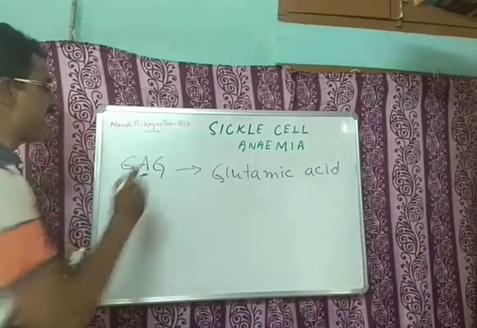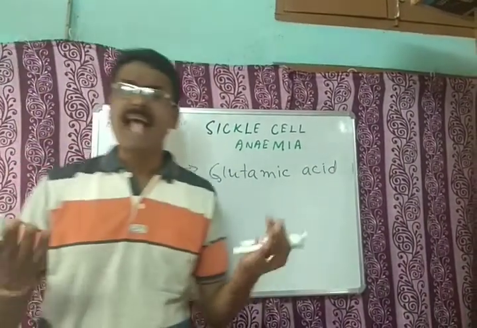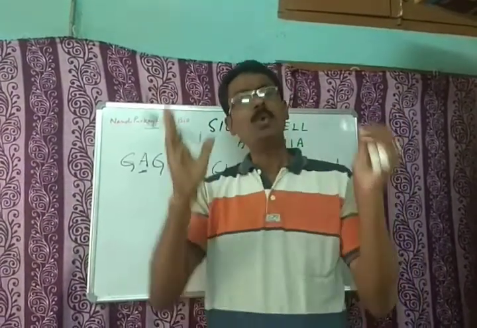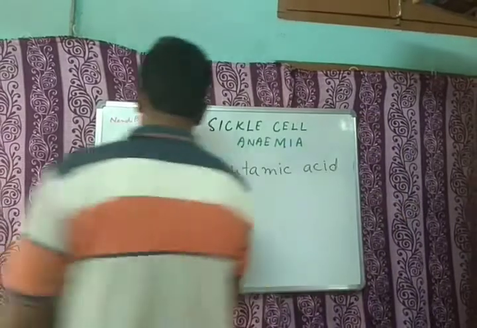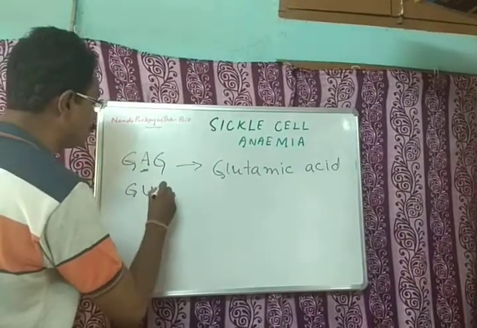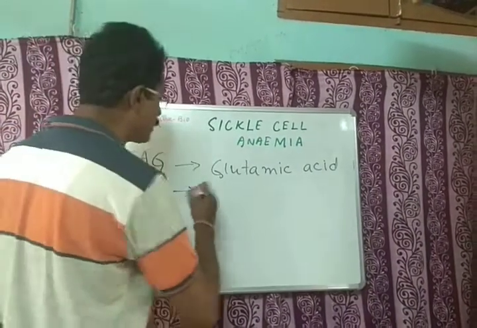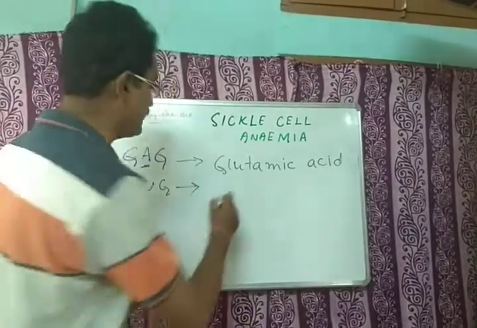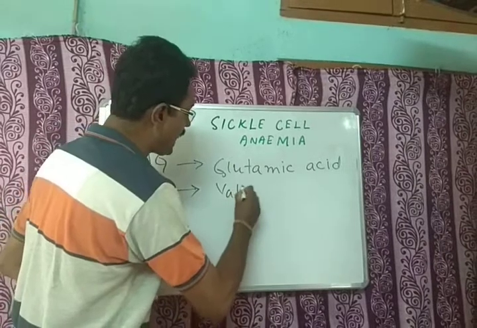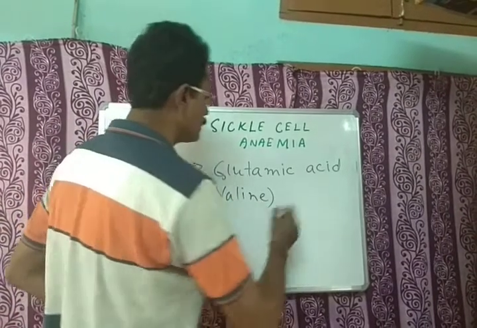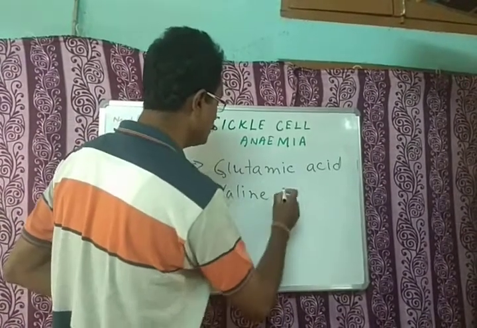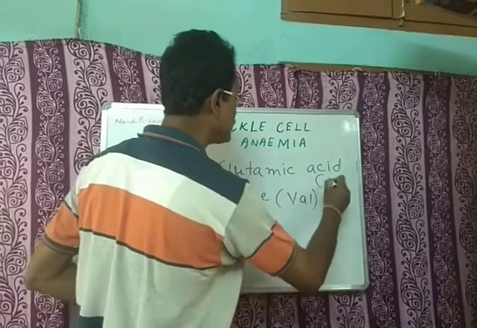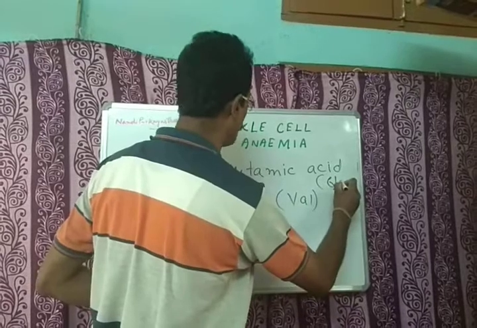Now this A is replaced by U, giving GUG. When it is GUG, it produces valine, V-A-L-I-N-E. Its short form is VAL, and the short form of glutamic acid is GLU.